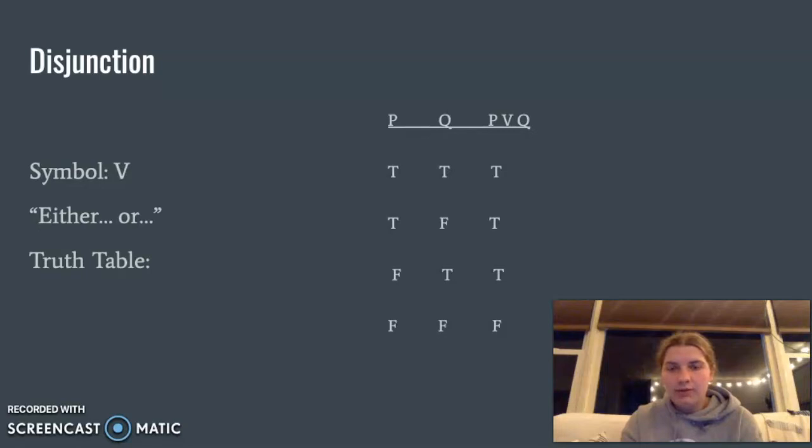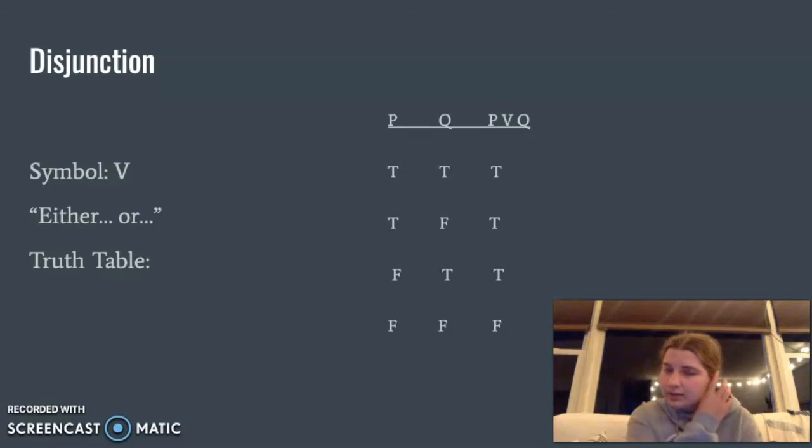For Q, we have true, false, true, false. So, the disjunction of P and Q: we only need one truth value in either P or Q for P∨Q to be true.